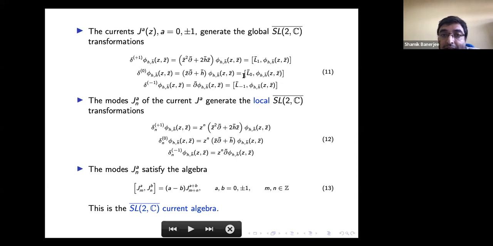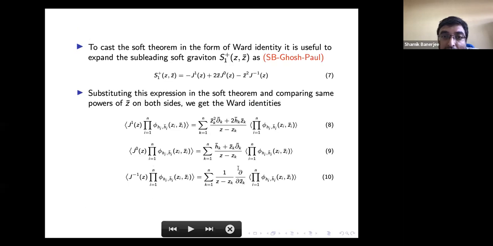Similarly, delta naught acting on phi is essentially L naught bar, and delta minus 1 is the action of L bar minus 1 on phi. So we can identify these with the Ward identities of the SL2 bar.